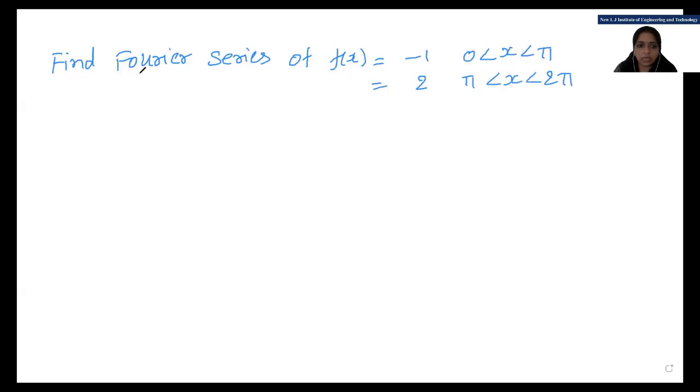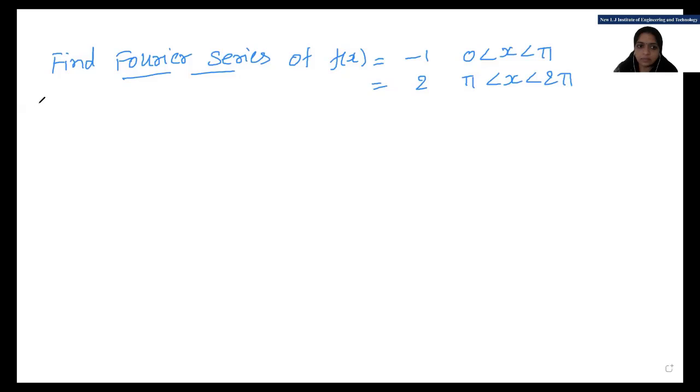So students, again we have to find the Fourier series and our given function is a discontinuous function. Our function is discontinuous at pi, right? So for 0 to pi our function is -1 and for pi to 2 pi our function is 2.